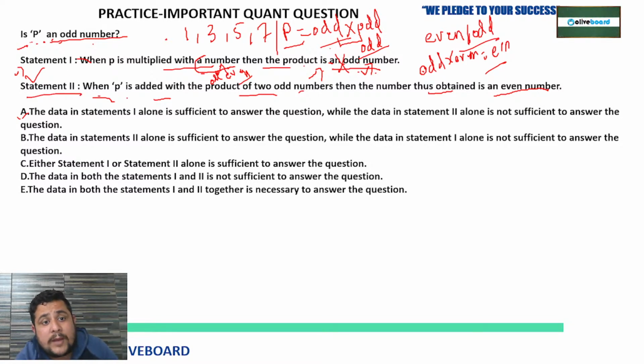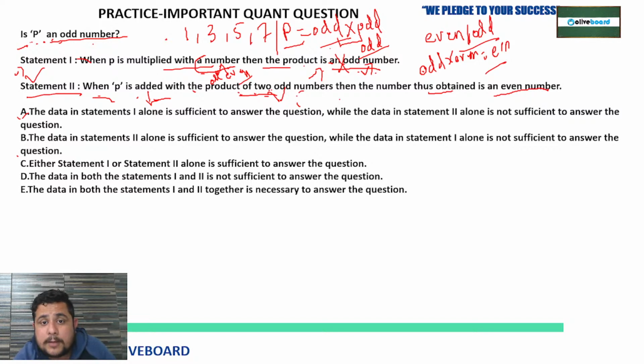Statement two: when P is added with the product of two odd numbers. So the product of two odd numbers will always be an odd number. Again, I am reading: when P is added with the product of two odd numbers. Okay, fine, I was right.